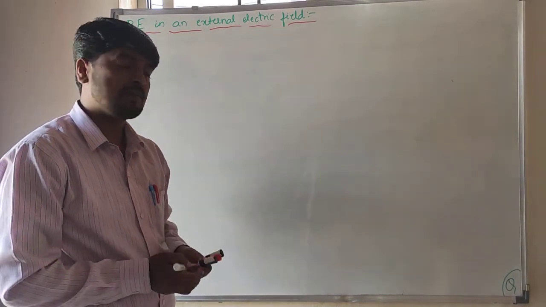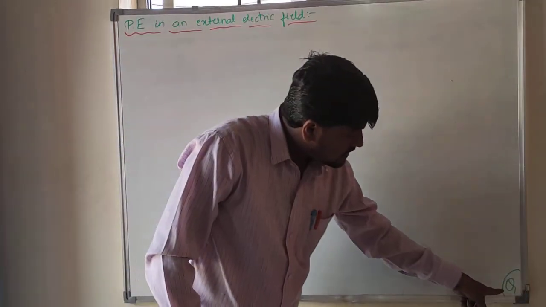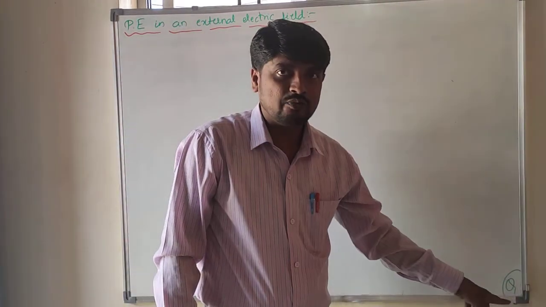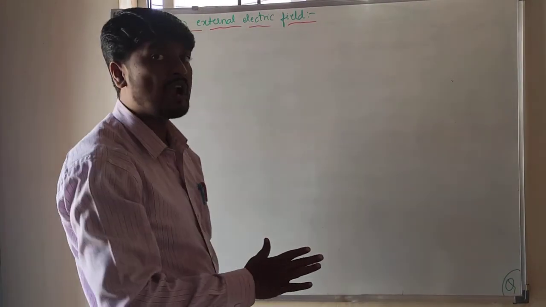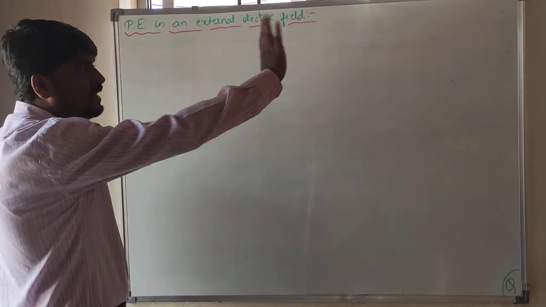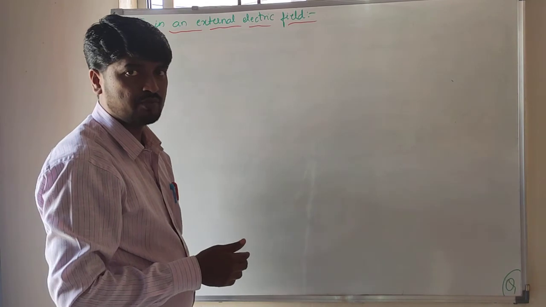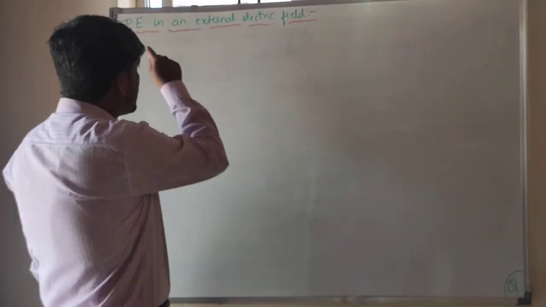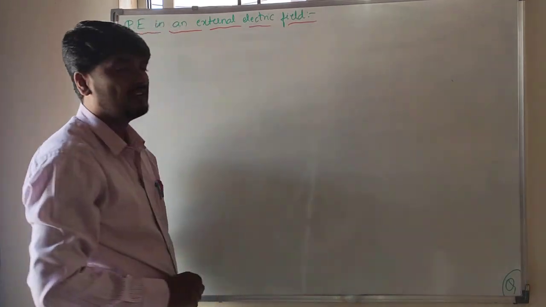As I said in the first chapter, a source charge is a charge which produces the electric field. Hence the charge Q is producing the electric field, and that field passing through this entire board is not uniform. Hence we have different potential and different electric field at different points with respect to the source charge. As a result, the entire board is considered as an external electric field.